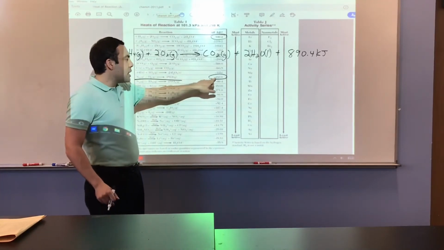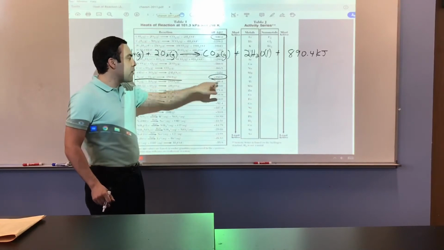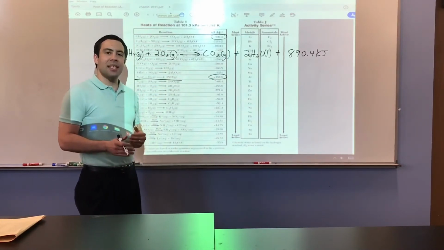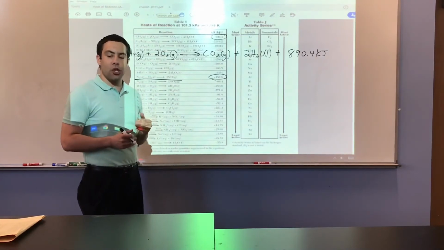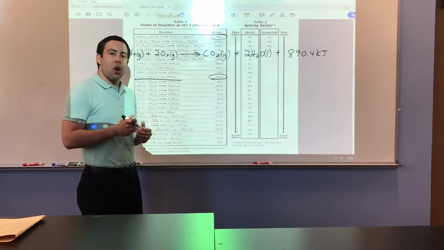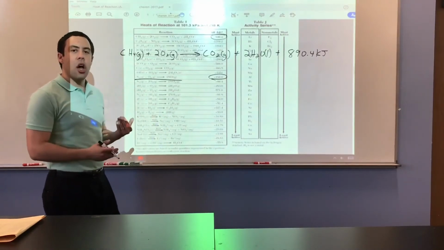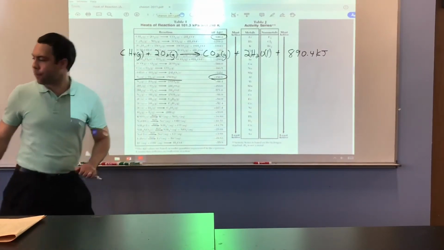That is a positive 182.6, which means this is an endothermic reaction. So when we rewrite our equation, we must put the heat on the left side, on the reactant side.